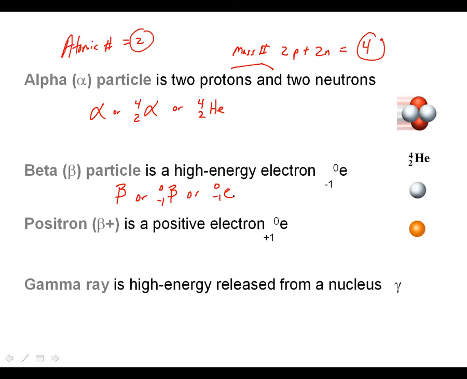Now, a positron is a positive electron, and it basically has the same symbols as a beta particle, except that it is positive. So it will also use the beta symbol, but it will most commonly have a plus on it to indicate that it is the positron and not the beta particle.